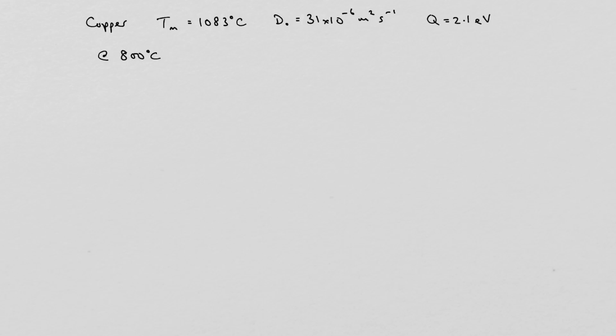So at 800 degrees Celsius, at a reasonable temperature, we plug all of this in, and we will get that D is approximately 5.4 times 10 to the minus 15 meters squared per second. Okay, and what does that mean? That means that after 1 hour, square root Dt, our characteristic diffusion length, is about 4 microns. Decent distance. Okay.